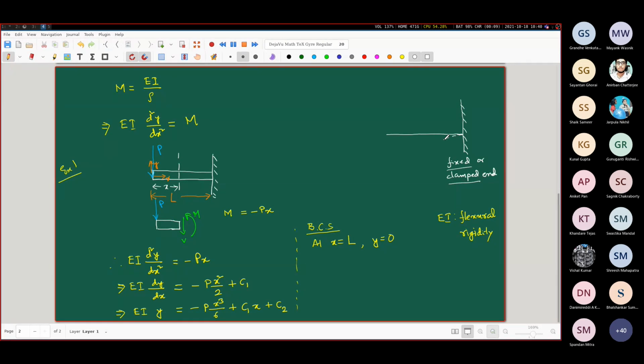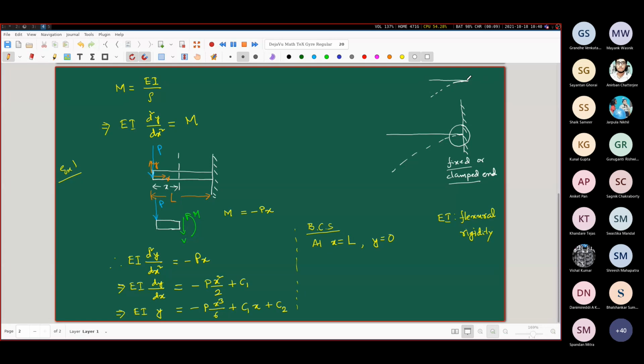So when it is clamped or fixed, the deflection always takes place like this. This is a very exaggerated view, but if you zoom into here, you will see that the undeformed configuration is like this. The deformed configuration is like this.